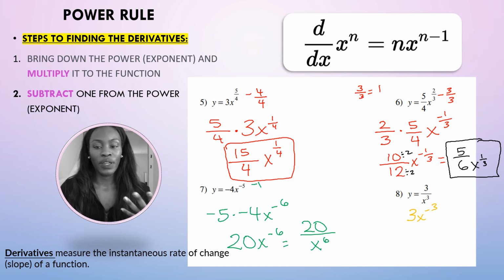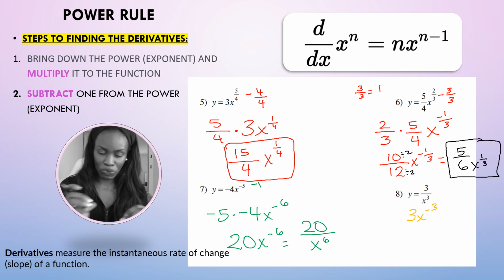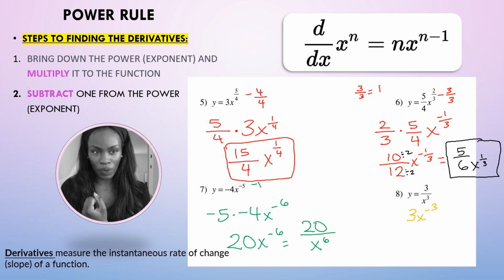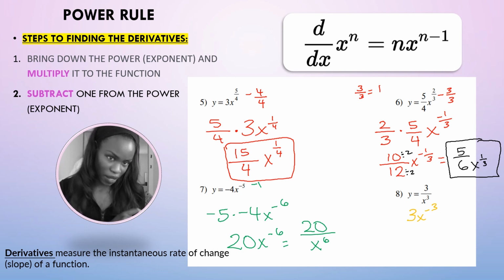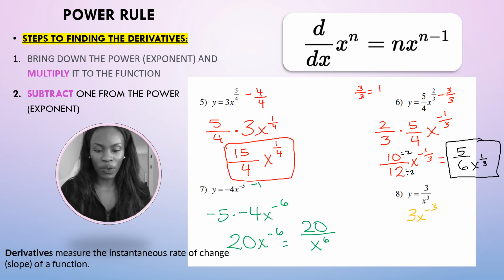Okay? That way it's easy for me to use the power rule, as far as bringing down the exponent and multiplying it. So I'm going to go ahead and bring that negative 3 down and multiply it by 3.